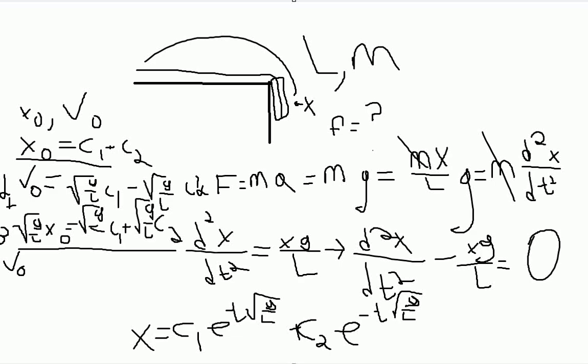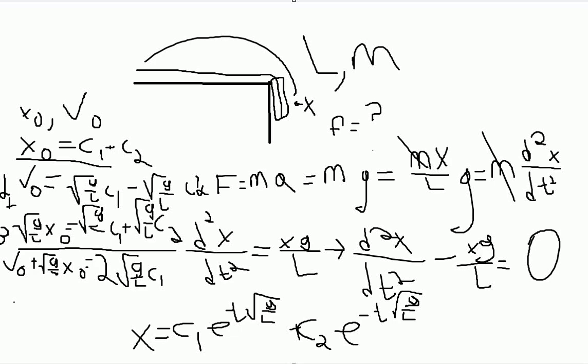And what we get is v naught plus the square root of g over L times x naught is equal to 2 times the square root of g over L times c1.